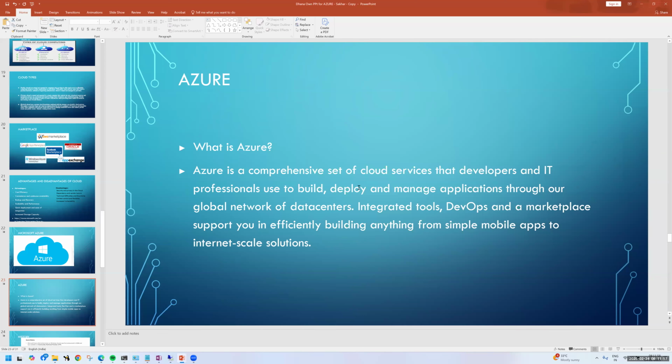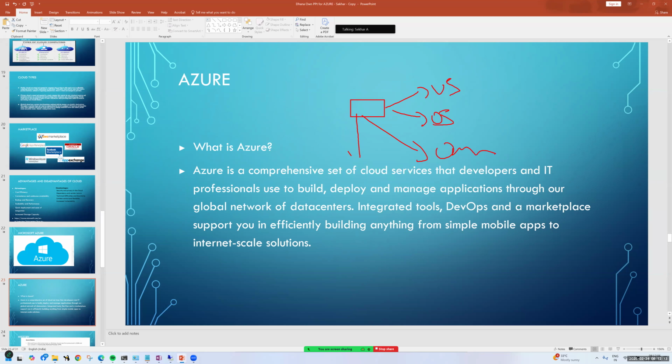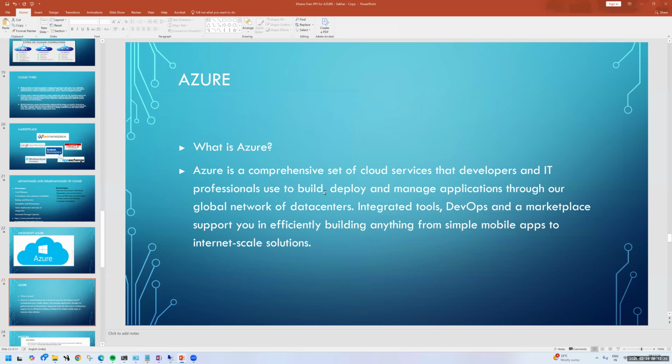If you purchase Copilot now, it makes 90% of work much easier. You can see Copilot integration with Visual Studio, with the OS, with the Microsoft Azure portal, and with the MS Office suite, M365, everything. That is the power of Microsoft Azure.